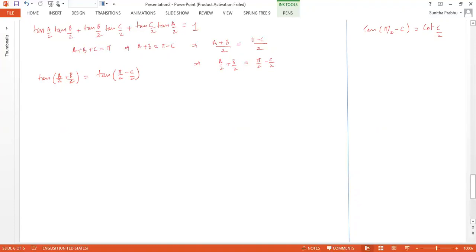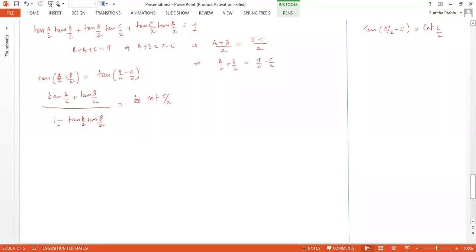And this is tan A by 2 plus tan B by 2 over 1 minus tan A by 2 tan B by 2 equal to cot C by 2.